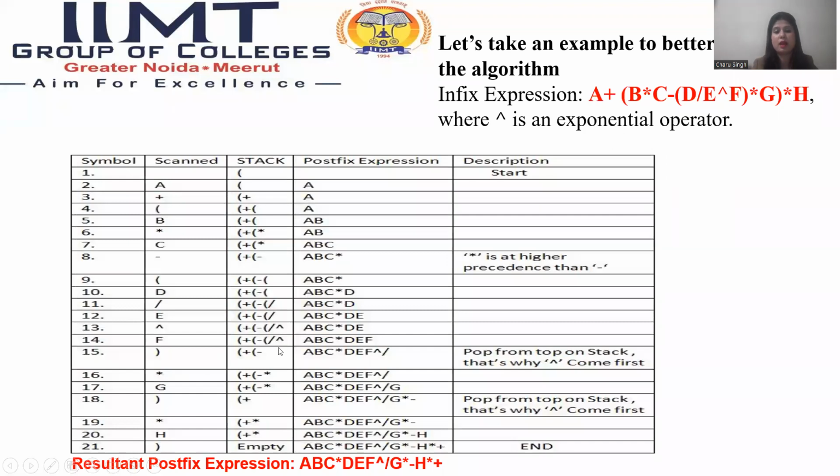So we pop this and push it into the expression. First my exponent symbol will come and then division. Because we have the closing bracket, all those symbols between the opening and closing brackets are popped out from the stack and pushed into the expression.